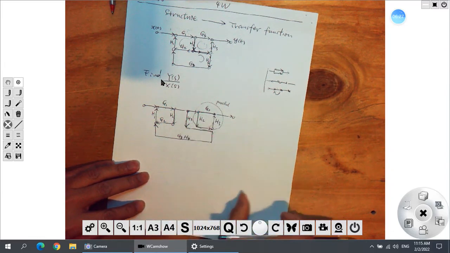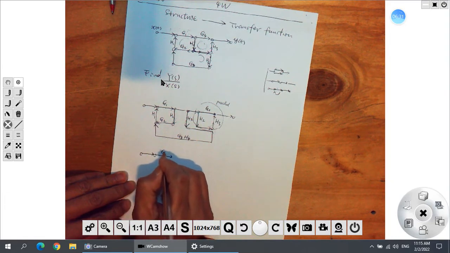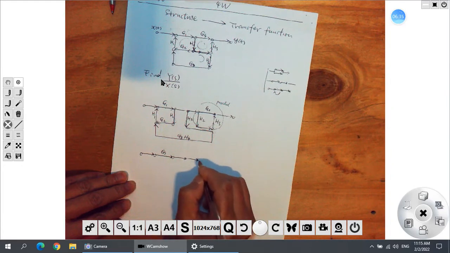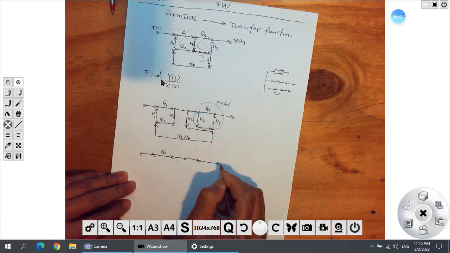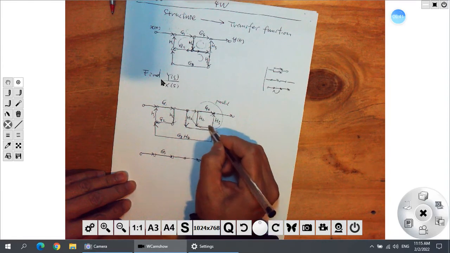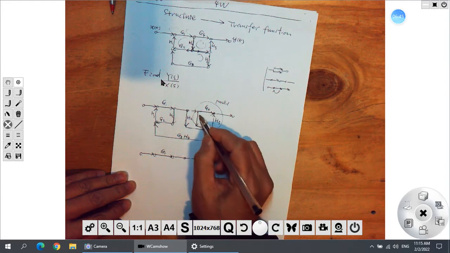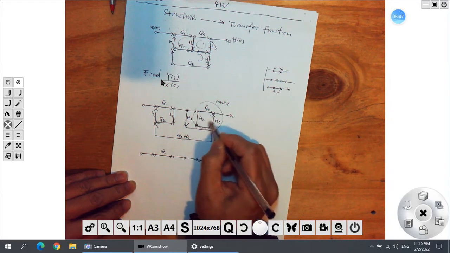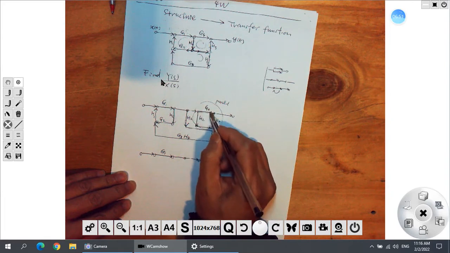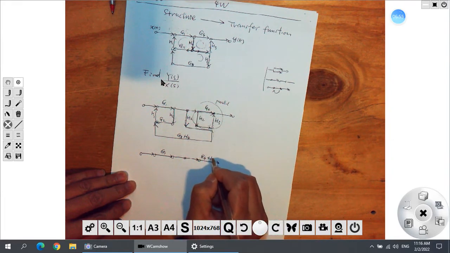Okay, now we can have it like this. G1 is still G1. Here it is G4, and plus this, H2 H3, which is a cascade connection. I can merge these two together and add them in parallel. So it is G4 plus H2 H3.